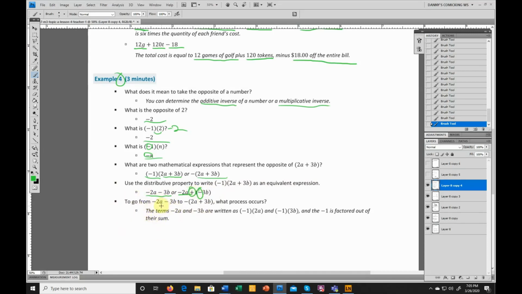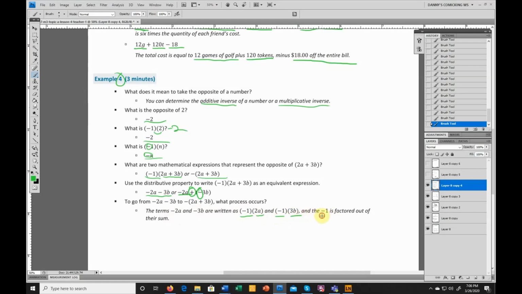To go from minus 2a minus 3b to minus the quantity 2a plus 3b, what process occurs? The terms minus 2a and minus 3b are written as minus 1 times 2a, and then minus 1 times 3b.